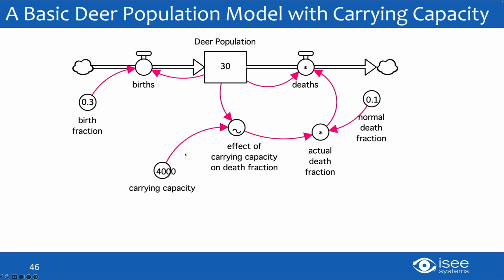I have placed some values in each converter to use for future reference and for producing a graph when we execute the model. Notice the birth fraction is larger than the normal death fraction. The asterisks mean that the two components feeding into that icon are being multiplied within the icon.